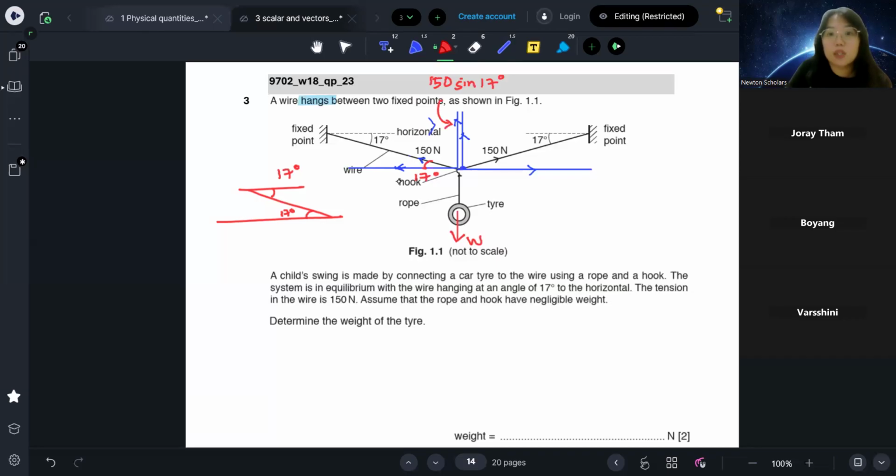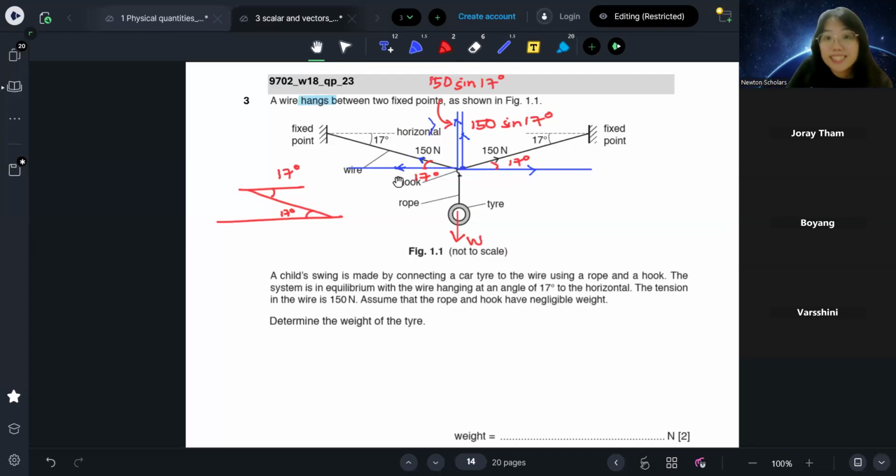Another one is also the same. This one is 17, here also 17 degrees. So 150 sine 17, because this 17 is the angle between the x component and the 150. Now I want to measure the y-axis because I want to find the weight, so I have to find these two components.